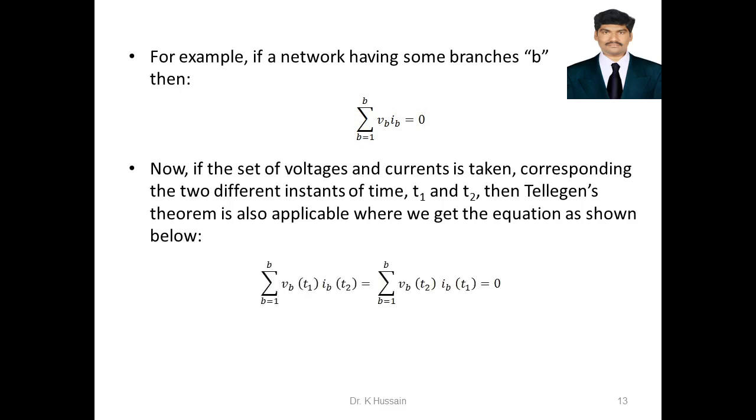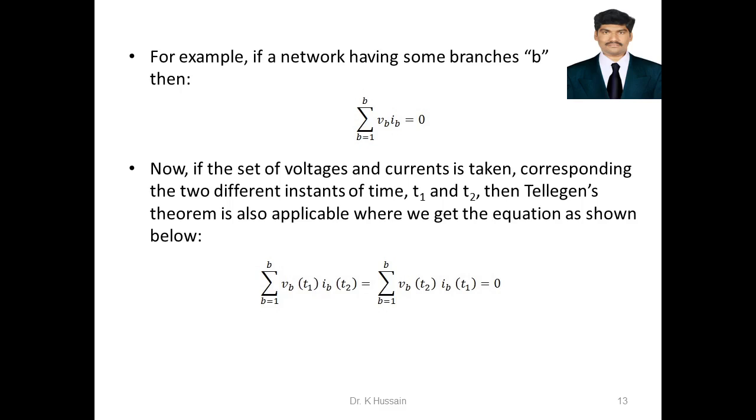Because at a particular branch, whatever you are taking, some branches B, B2, and so on. So at different instants of time, you get a particular instant, and another instant you are finding.